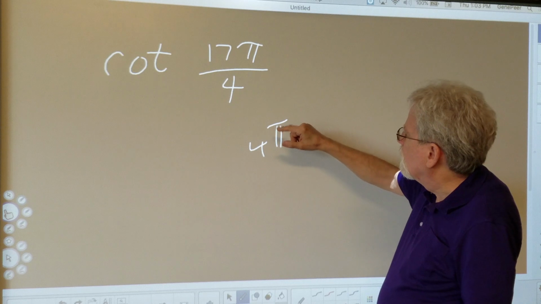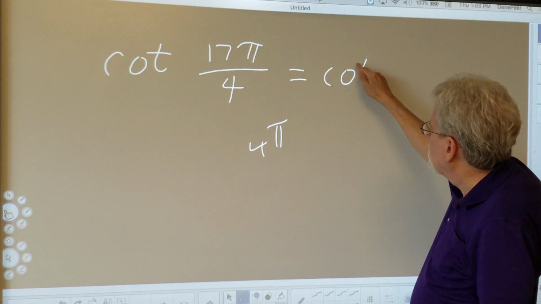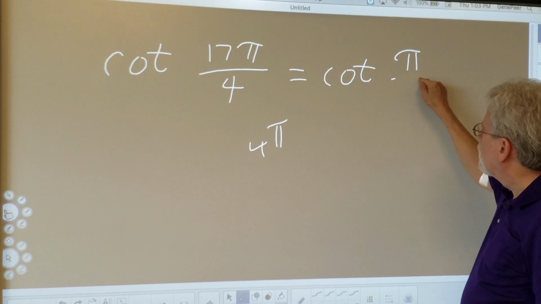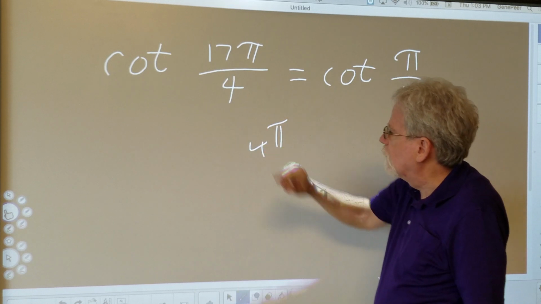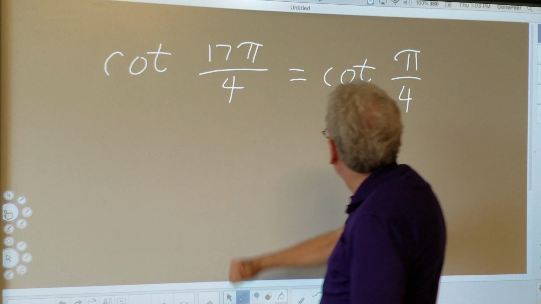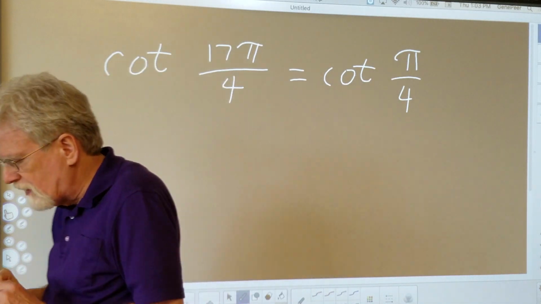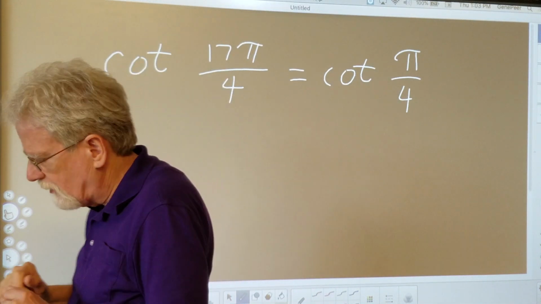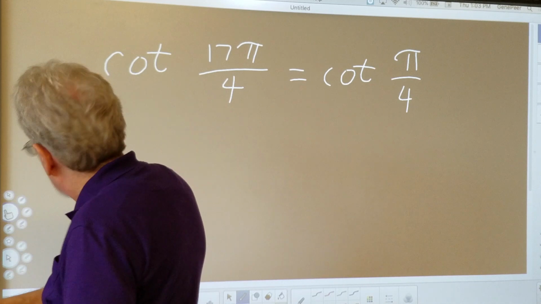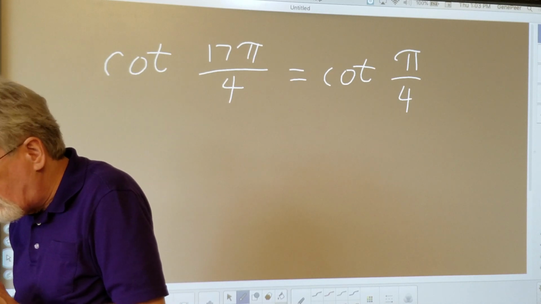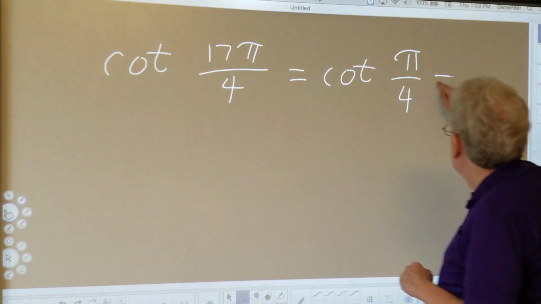I'm left with 1/4 pi. It's equal to the cotangent of 1/4 pi after I toss out my 16 fourths pi. And the cotangent of pi over 4, being the reciprocal of tangent of pi over 4, ends up being, final result is 1. It's equal to 1.